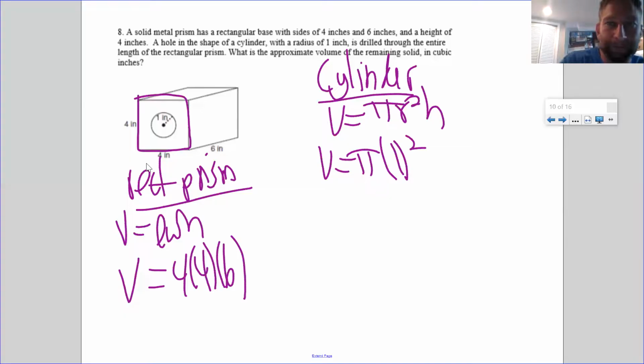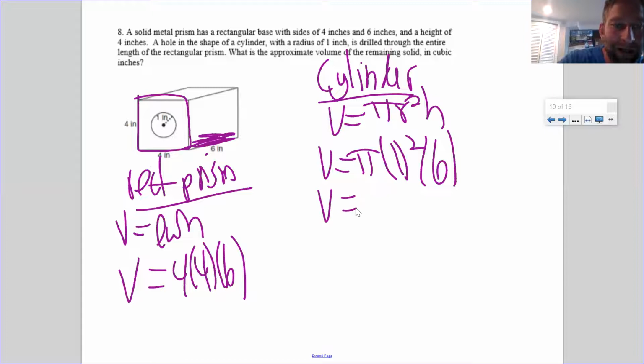The big cylinder has this height, and if I pull out this tube inside, it's going to have the same height. So when I have a hollow shape, the heights of both shapes must be the same. So what is the height of this cylinder? It's 6. That's how deep the cylinder is.